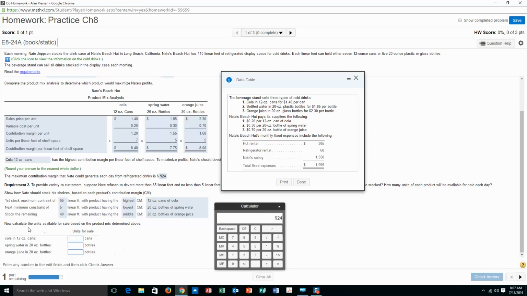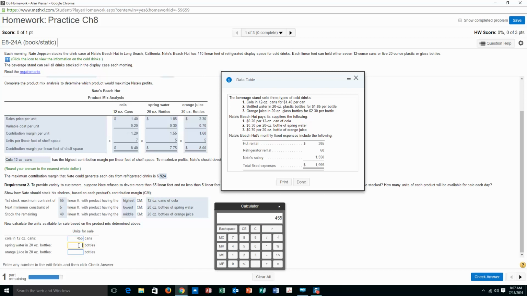Now, the next one says, calculate the units available for sale based on the product mix determined above. So here's our product mix. How many of the 12-ounce cans are we going to sell? We have 65 feet, and we get to have 7 cans per foot, so we can have 455 cans.